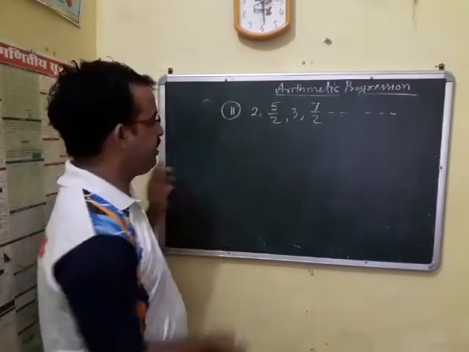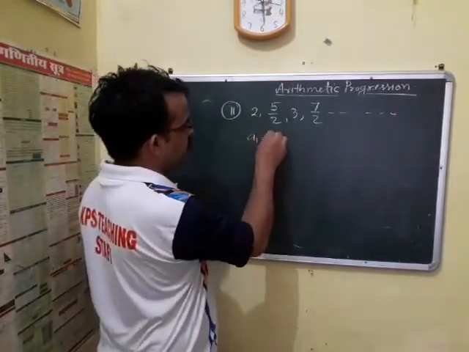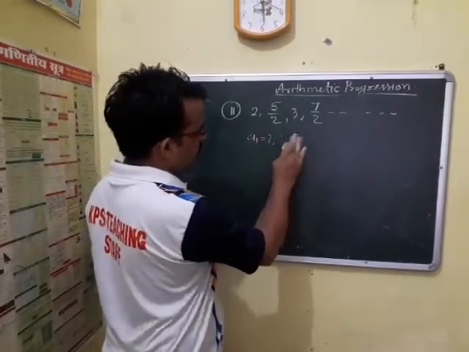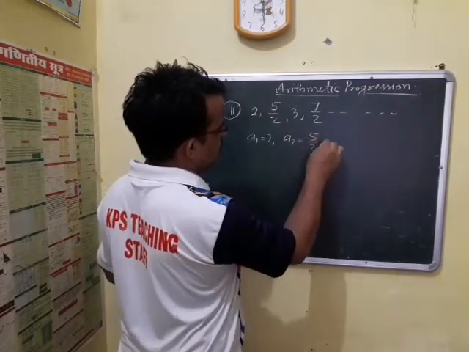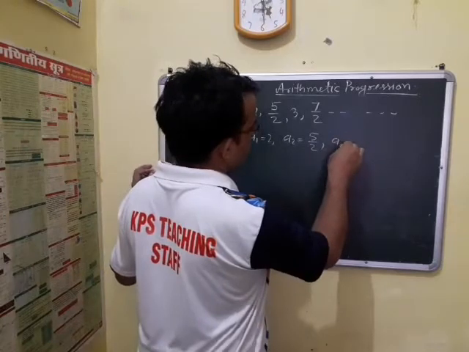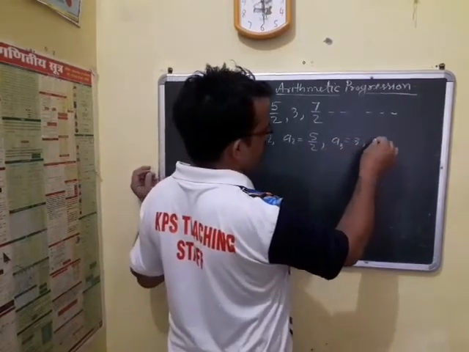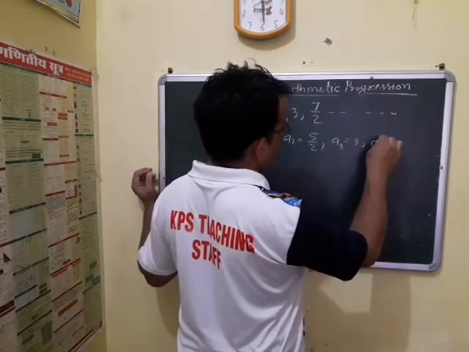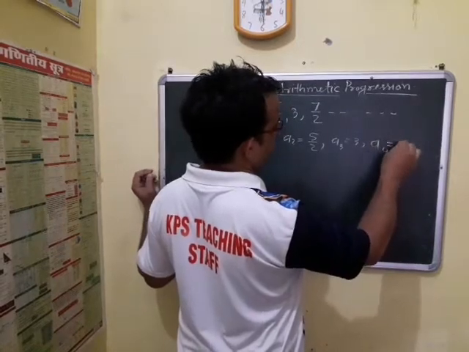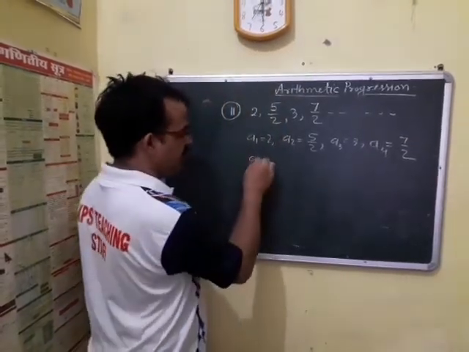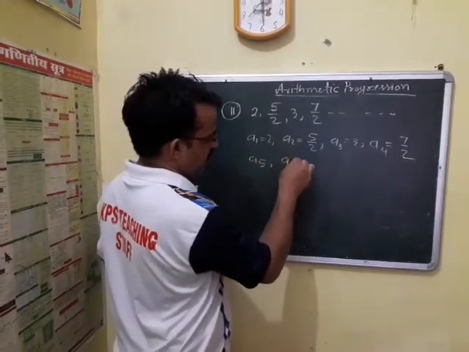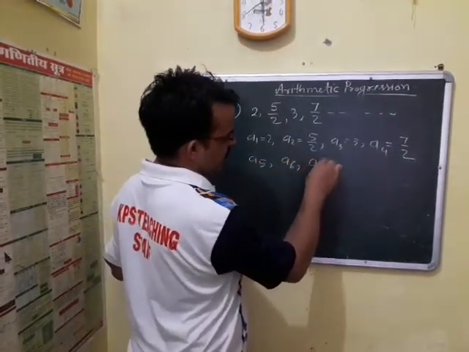Already given that A1 is equal to 2, A2 is equal to 5 by 2, A3 is equal to 3, and A4 is equal to 7 by 2. So we have to find A5, A6, A7.